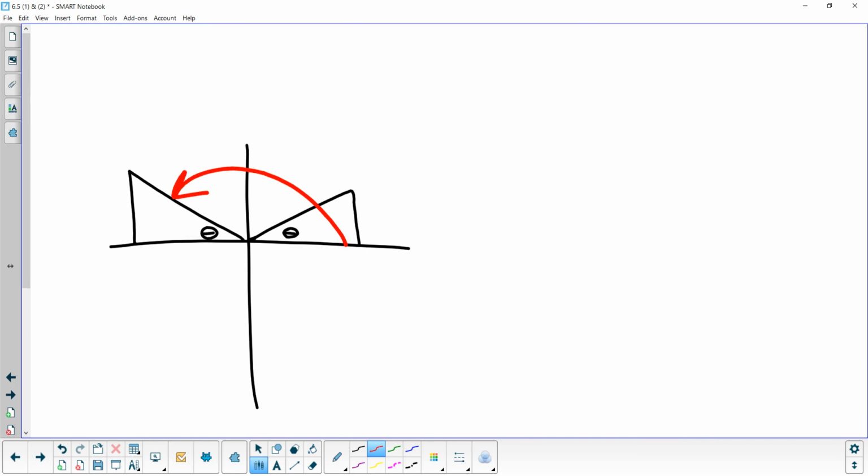That's the angle. This part is called your reference angle. What do you think you would do with your reference angle to find an angle like that? You're going to know this. Yep, subtract it from 180. Exactly. You're going to subtract your reference angle from 180 if you're in quadrant 2.